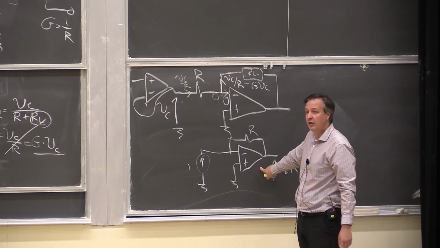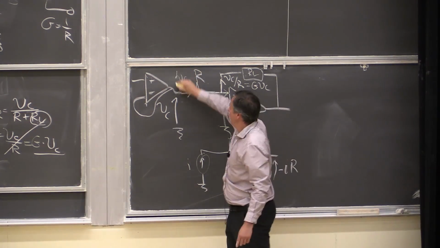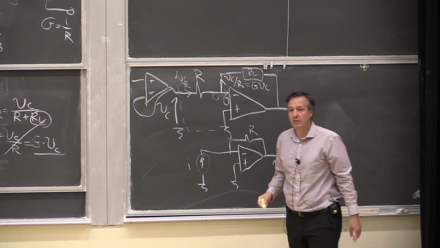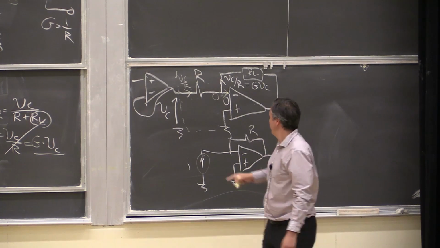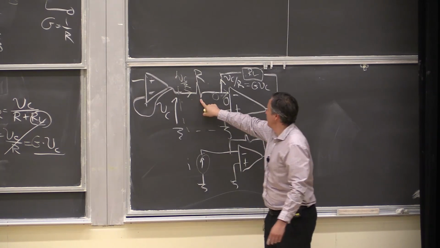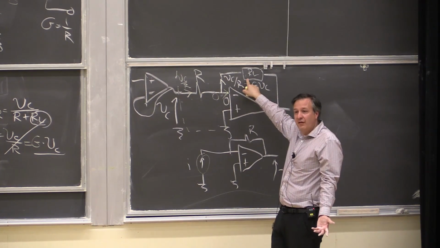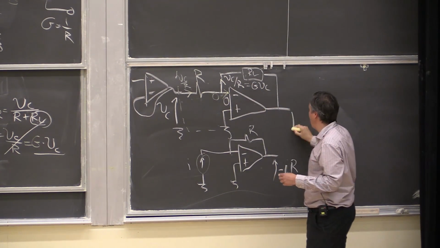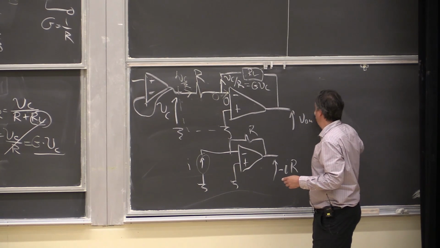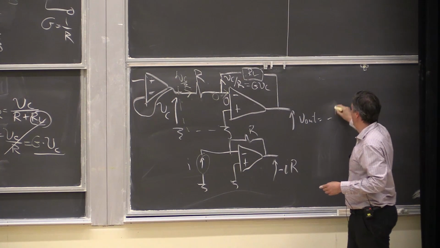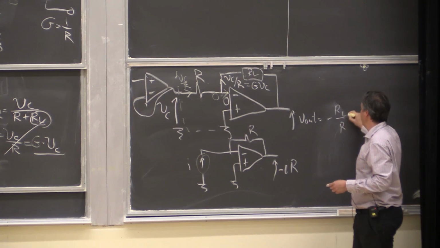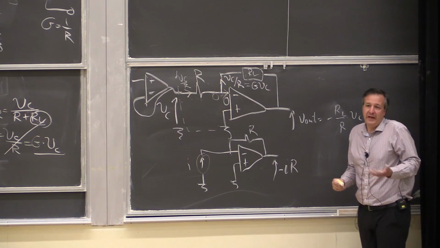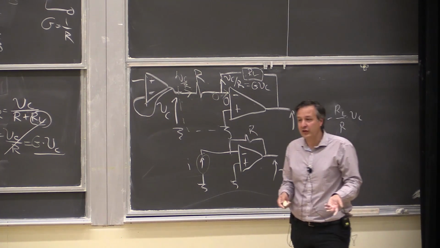This one over here? The one above? This is inverting, right? There's a resistor here and there is a resistor here, right? So from the standpoint of the output voltage, it will be equal to minus RL over R times VC, right? But in this case, we didn't care about that voltage necessarily.